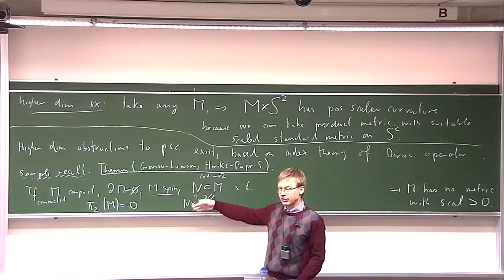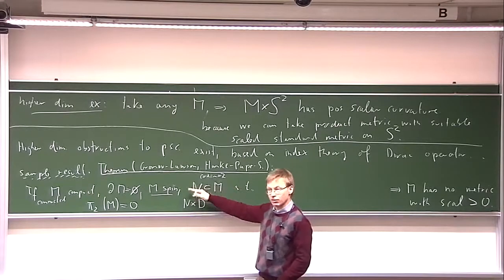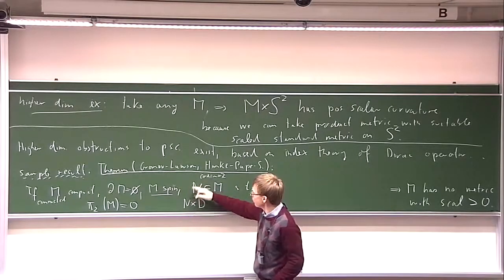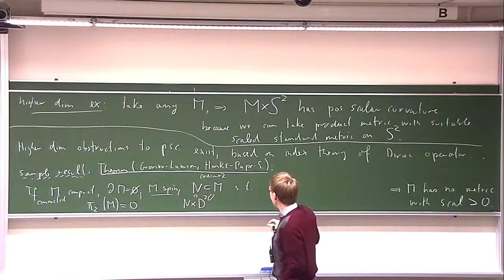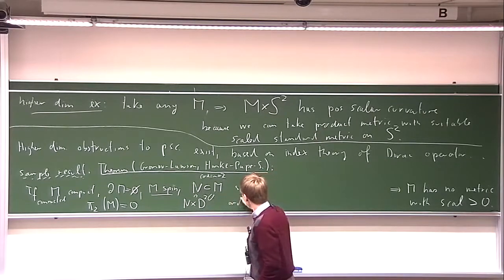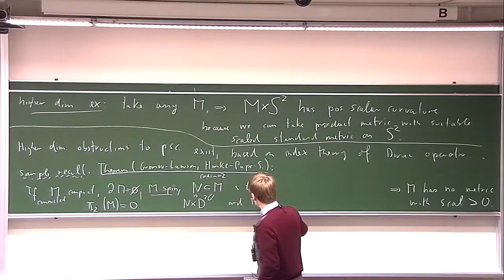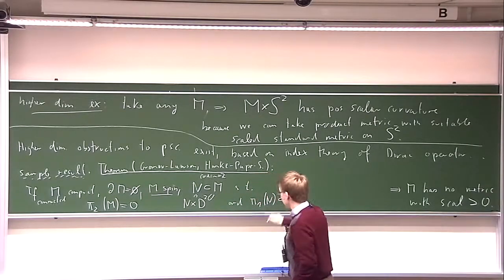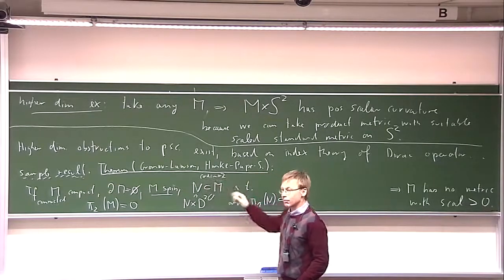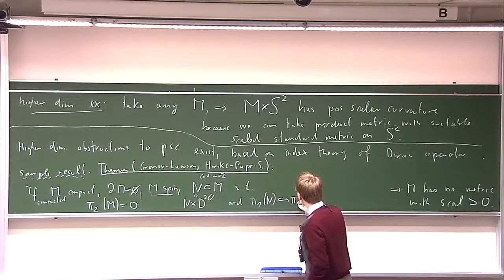So it just means we have a trivial normal bundle of this codimension 2 hypersurface. And I want that on the level of fundamental groups, pi1 of N also injects, induced by this inclusion map, into pi1 of M.